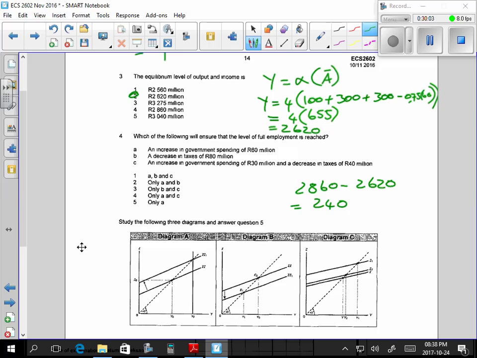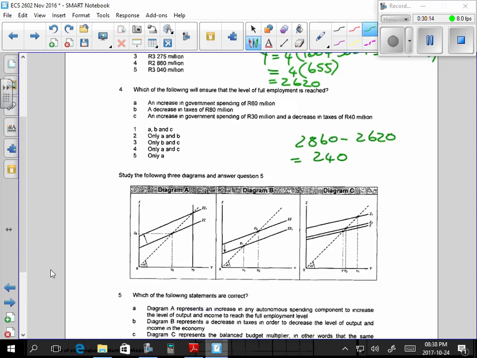Right, but if we do it via a change in the government expenditure, there is a direct impact, okay? So to calculate the change in government expenditure, you've got to work backwards. Y is equal to your government expenditure times your multiplier.